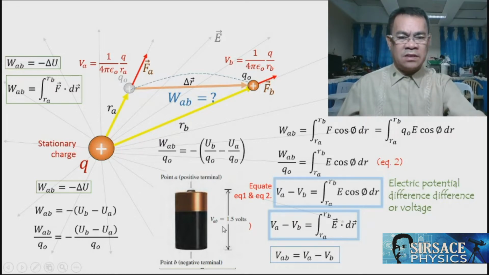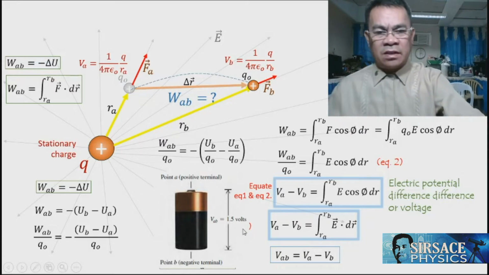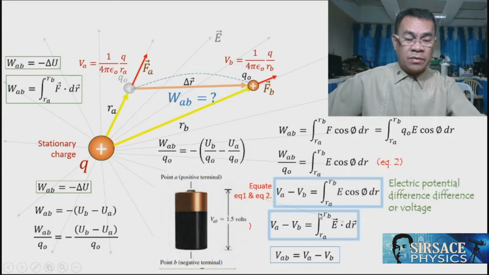If we place a charge here, the charge will move downward, just like gravity, until it reaches the ground, and the ground has the energy of zero. So these are the important things to study about the potential difference.